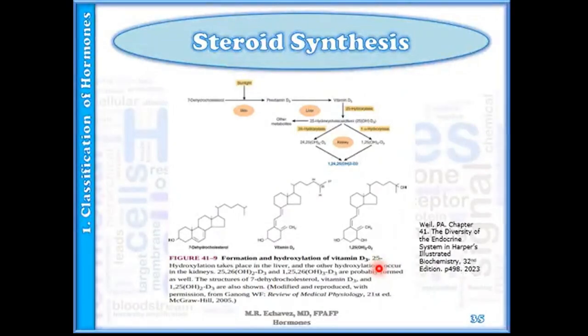First is your flavoprotein renal ferredoxin reductase, then your iron sulfur protein renal ferredoxin, and lastly, your cytochrome P450. This system produces your 1,25-dihydroxycholecalciferol, or your calcitriol, or your active vitamin D3, which is the most potent naturally occurring metabolite of vitamin D3.